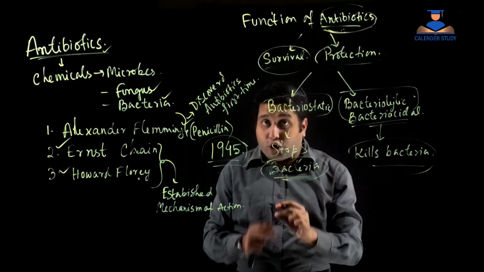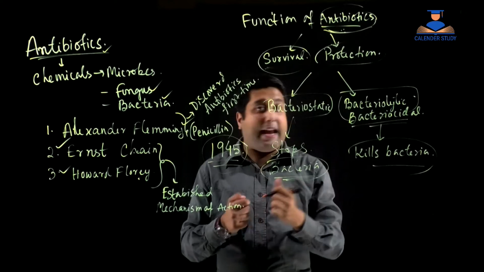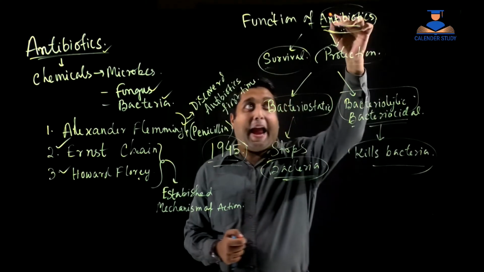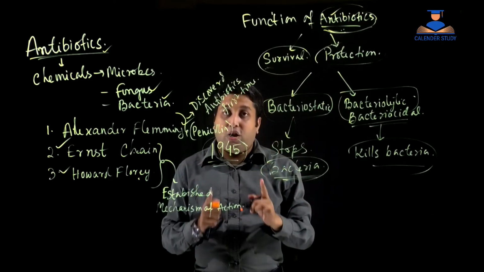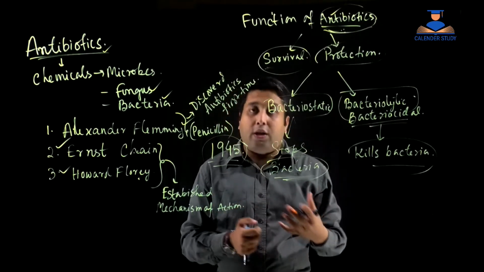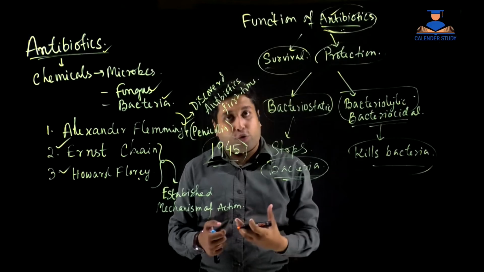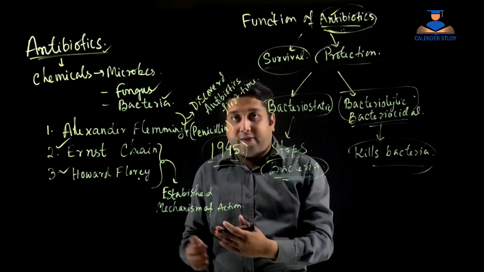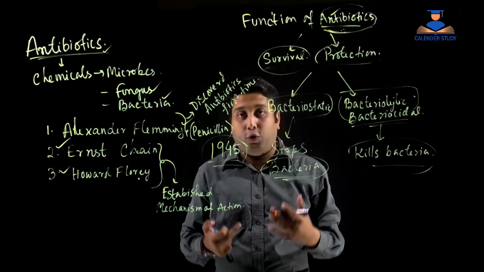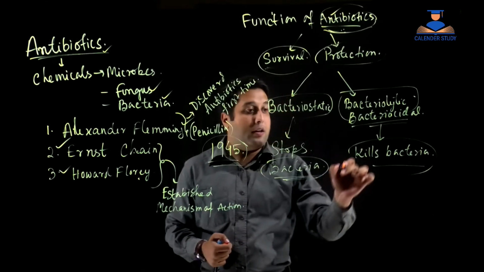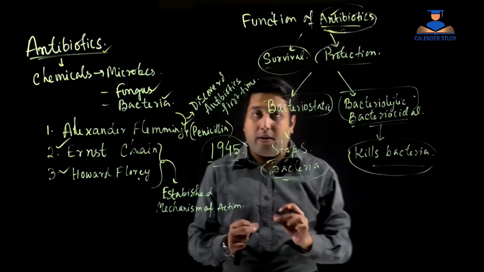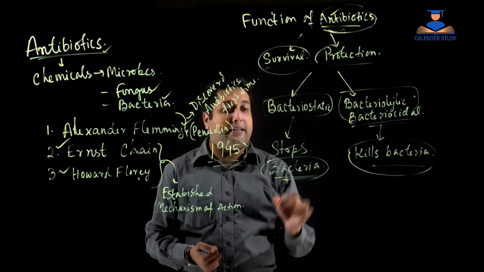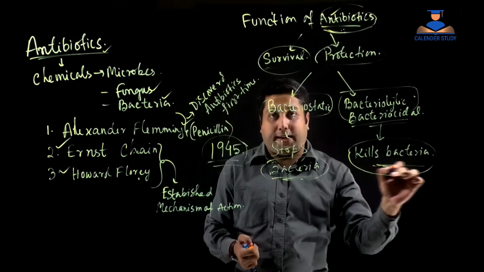They do not kill or inhibit any other kind of microorganisms, and most importantly, antibiotics do not kill or control the growth of viruses. So providing antibiotics at the time of viral infection is kind of useless. So we have to remember that antibiotics are only effective against the group of bacteria.